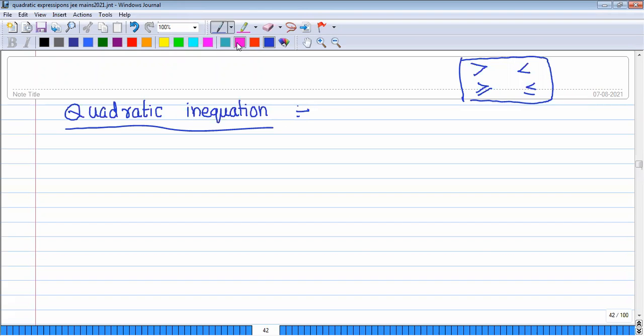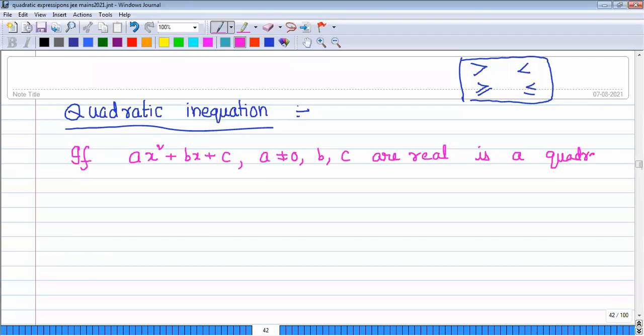So that means this may be stated like this: if ax square plus bx plus c, a does not equal to 0, b comma c are real, is a quadratic expression. This is obviously a quadratic expression, right?